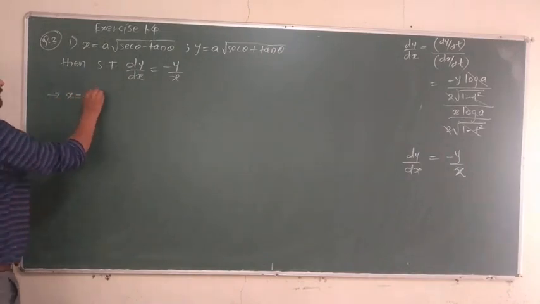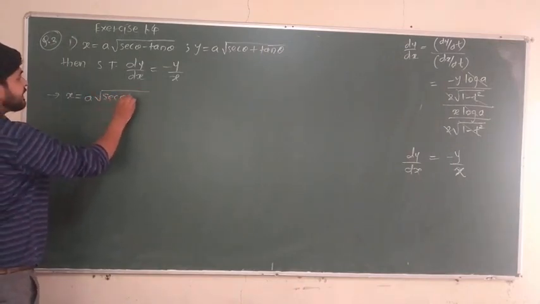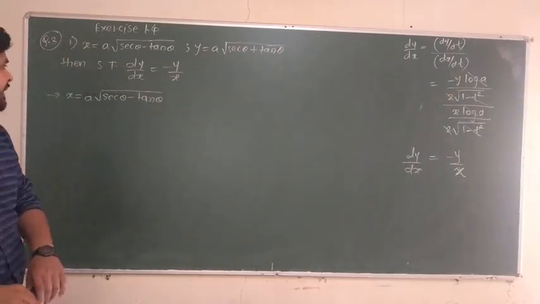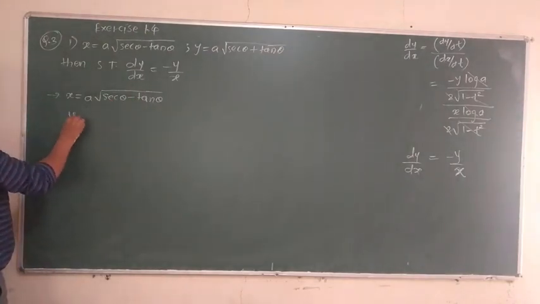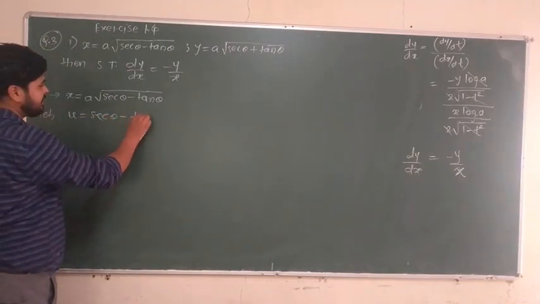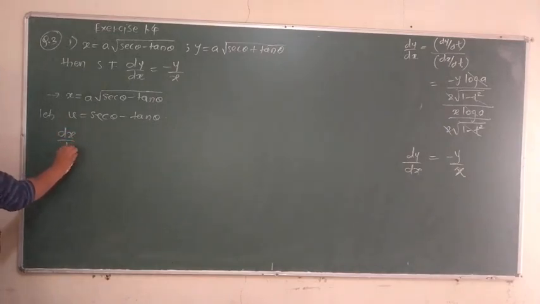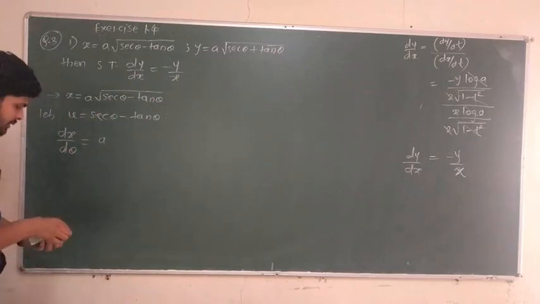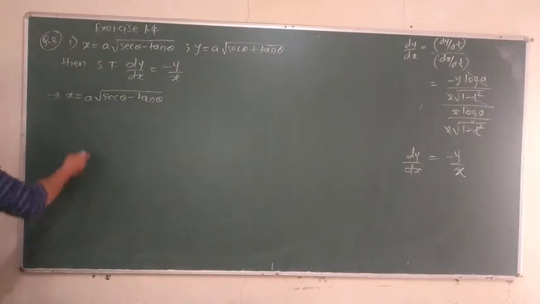So what is x? It is a root sec theta minus tan theta. For our convenience, we substitute sec theta minus tan theta as u. Let u be equal to sec theta minus tan theta. So what is dx by d theta? No need to solve like this; we are taking the direct derivative.